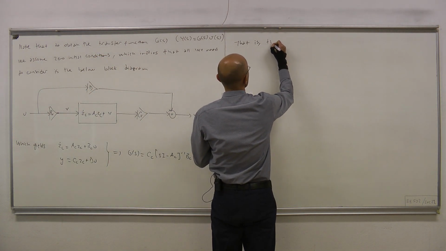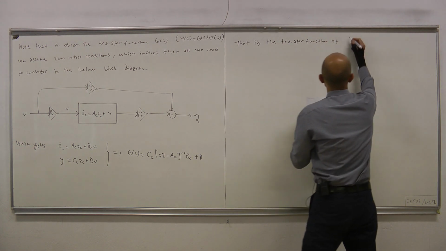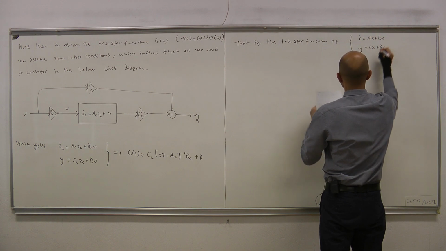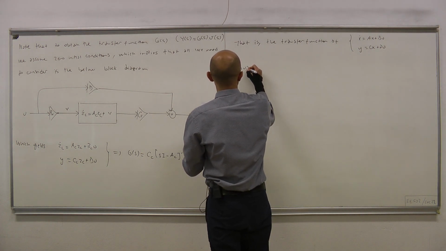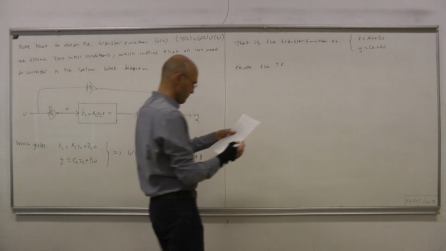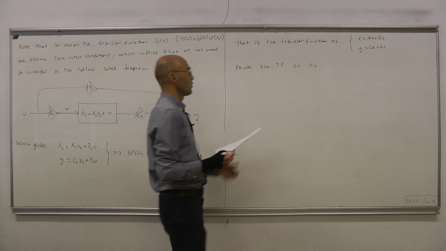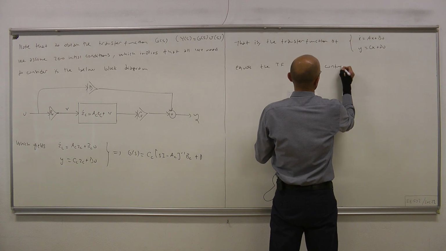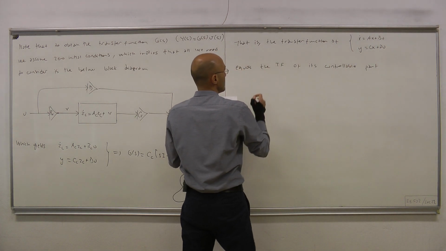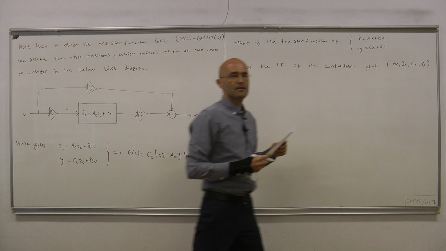The transfer function of the original system, x dot equals Ax plus Bu, y equals Cx plus Du, equals the transfer function of the smaller system, which we call the controllable part of the controllable decomposition, which can be represented by the quadruple A_C, B_C, C_C, and the matrix D.